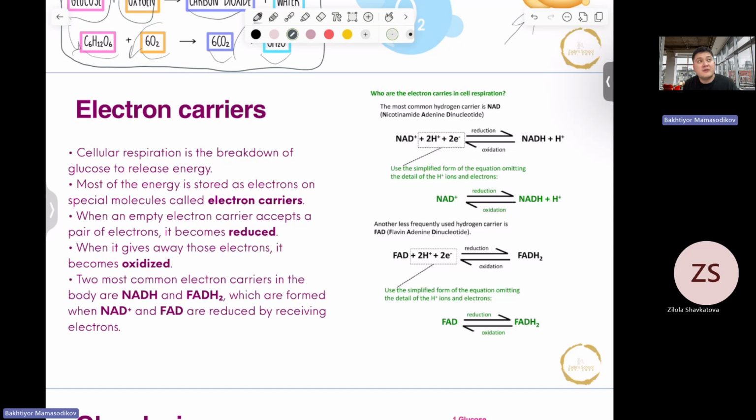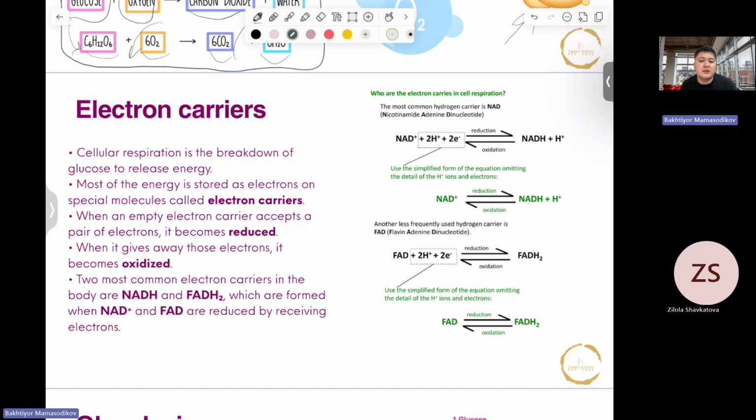If they float, they are very toxic. They are oxidants, very dangerous. Free electrons are always dangerous to your body. They need someone to carry them to the place where the ATP is made. That's the job of electron carriers.